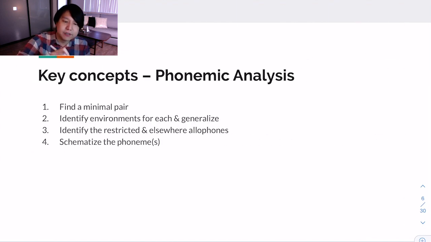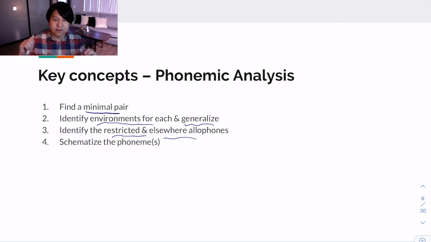You have to first find the minimal pair, and then you identify the environments for each and generalize them, and then find which one is a restricted one and which one is an elsewhere allophone. And then you schematize a phoneme using the data you found.